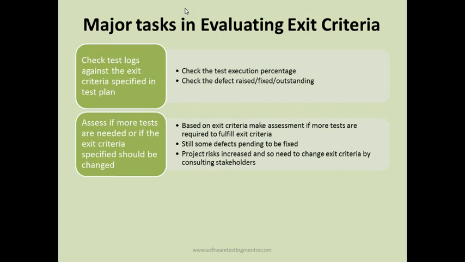So in case the exit criteria that was mentioned was not very strict, but when the testing started, you started to find lots of SEV 1 and SEV 2 defects, and you are not able to release the software because of those defects.